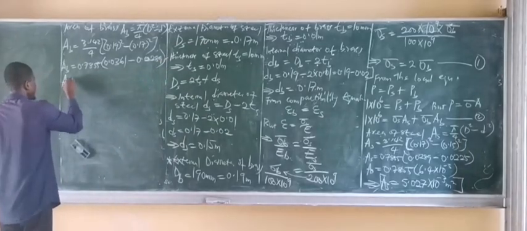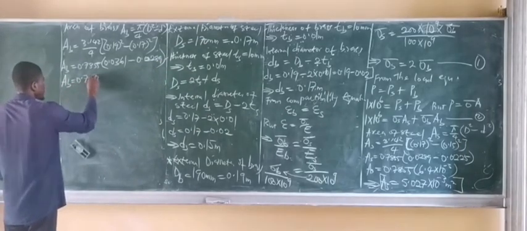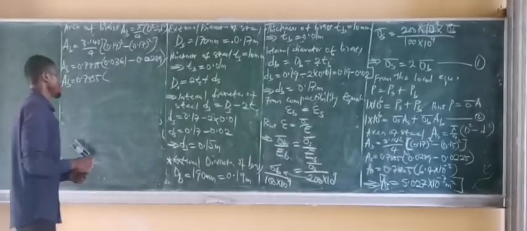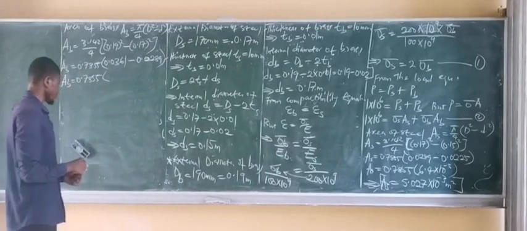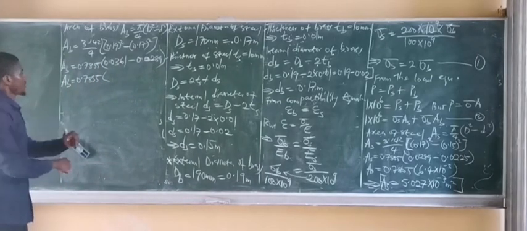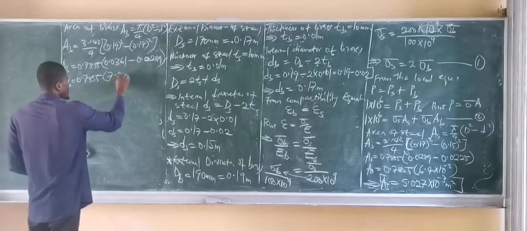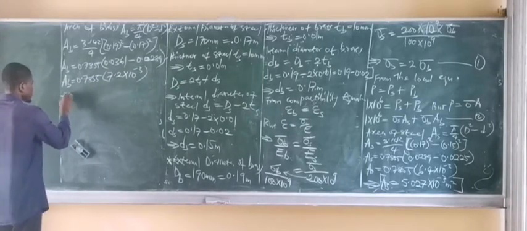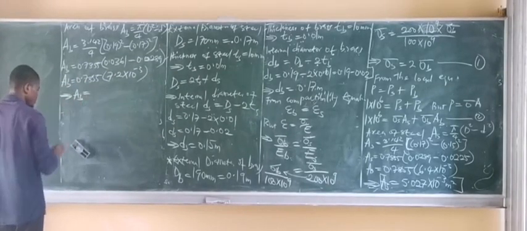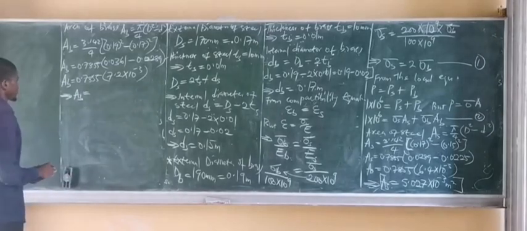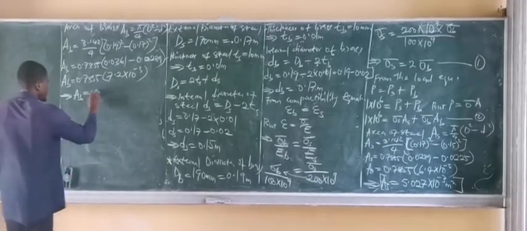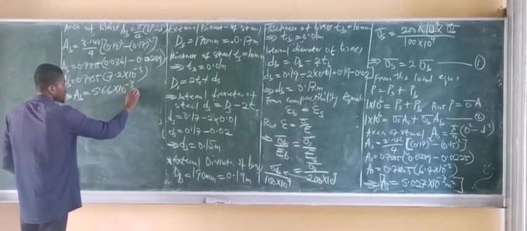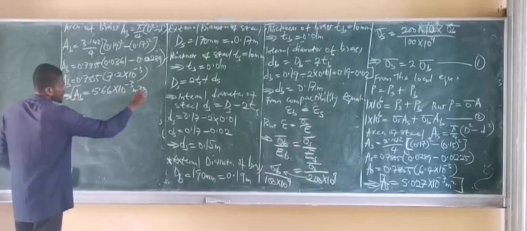So area of brass is equal to 0.7855 multiplied by 0.0361 minus 0.0289, which is 7.2 times 10 to the power minus 3. Multiplying by 0.7855, area of brass is equal to 5.6556 times 10 to the power minus 3. So this is the area of the brass.